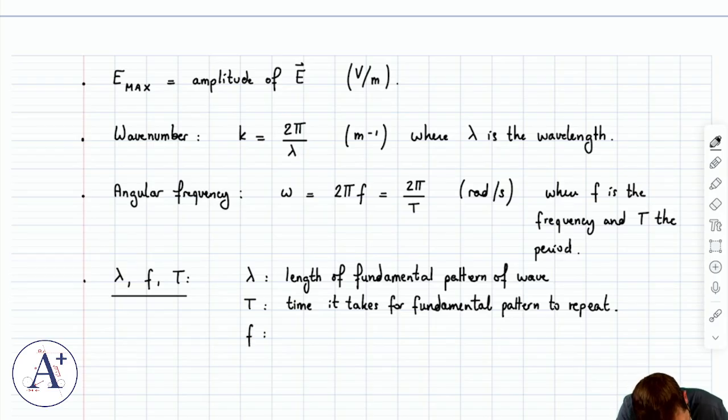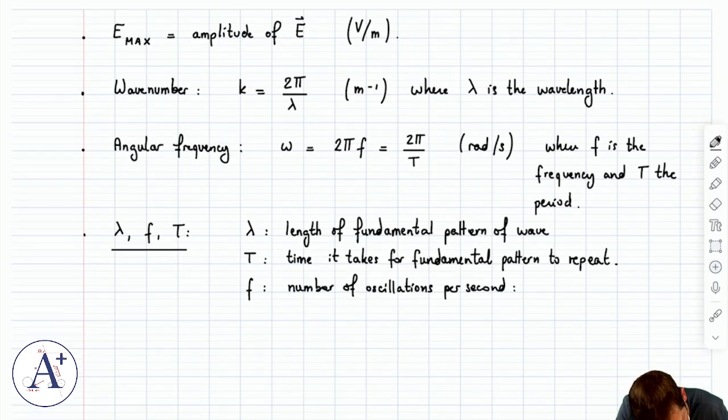And then f is the number of oscillations per second. And by the way, T is 1 divided by f, which is equivalent to f is 1 over T, of course.